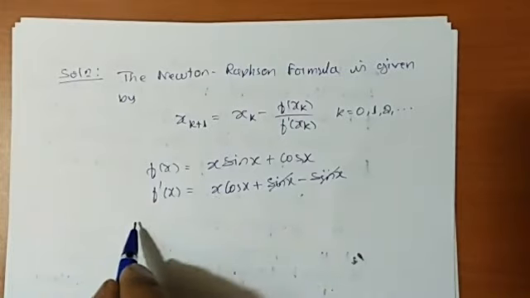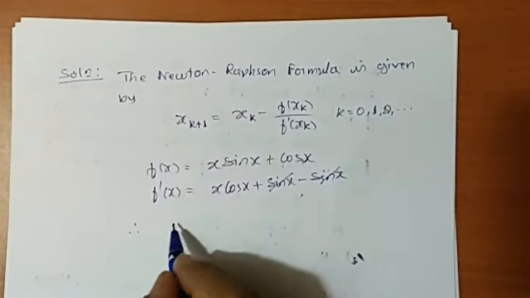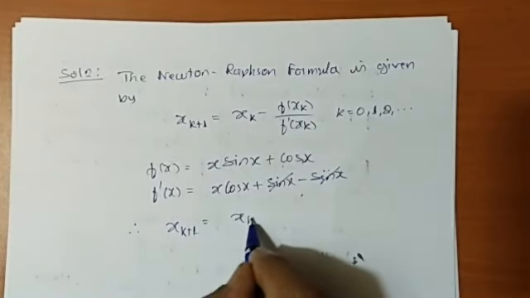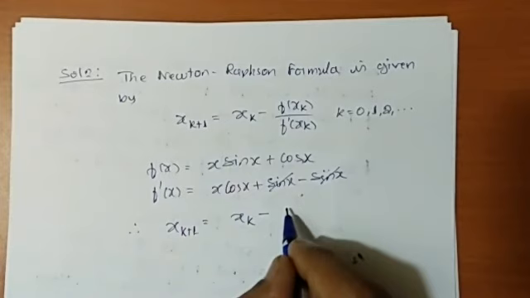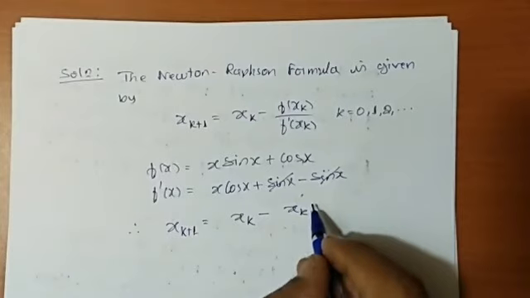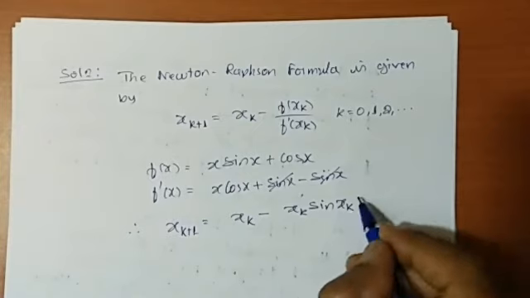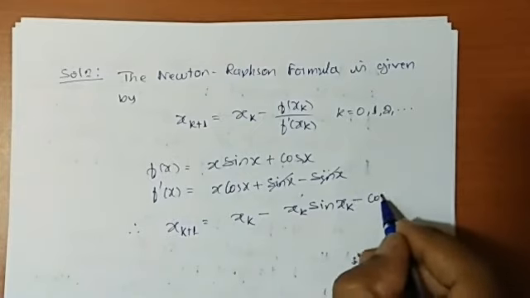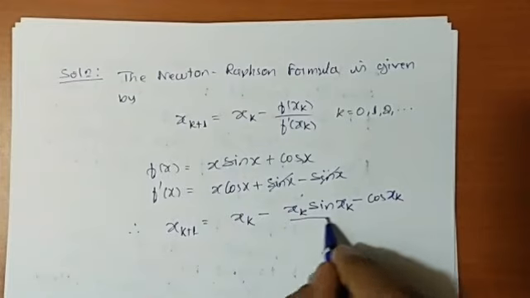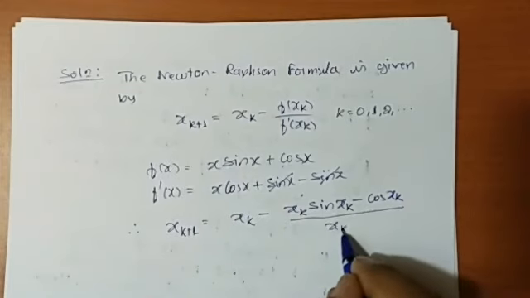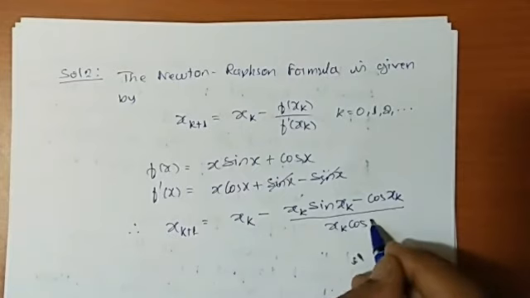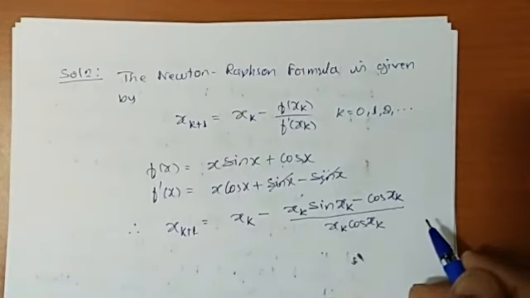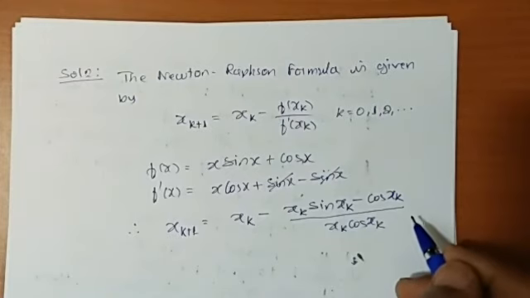Therefore, x_{k+1} will be equal to what? It is x_k minus f of x_k, wherever x is there, replace that by x_k. So x_k sin x_k plus cos x_k divided by x_k cos x_k.